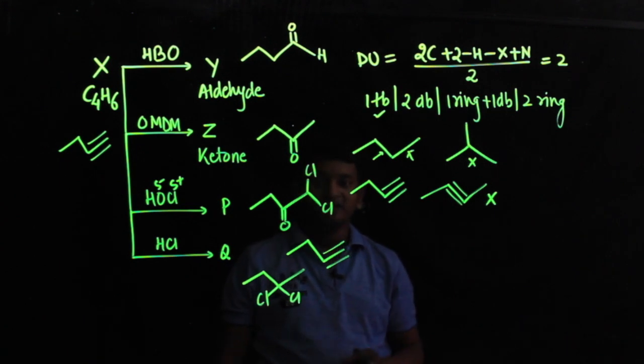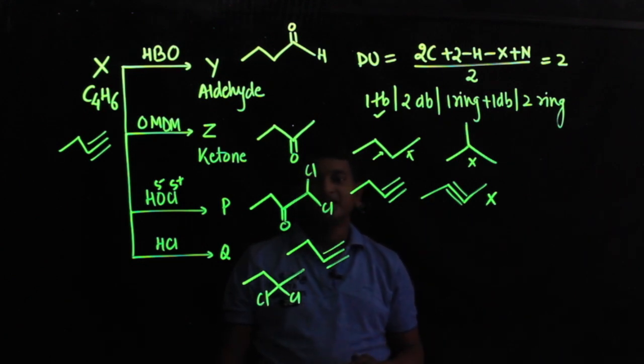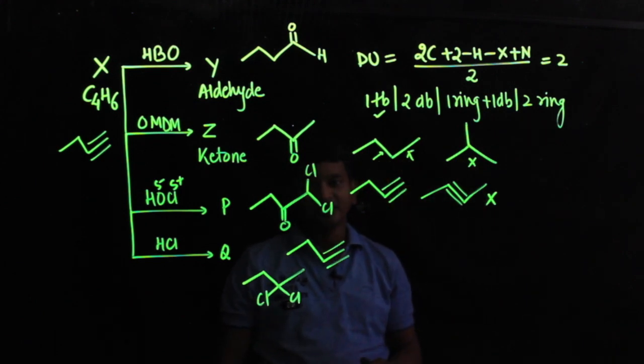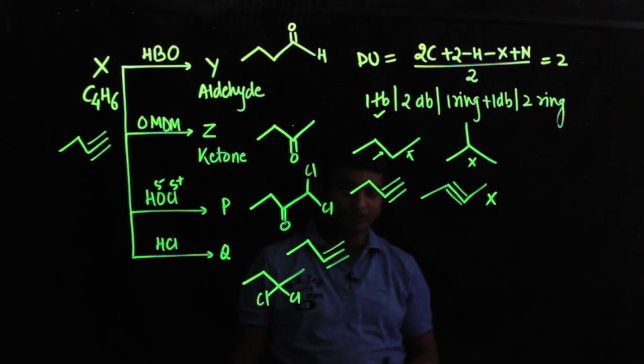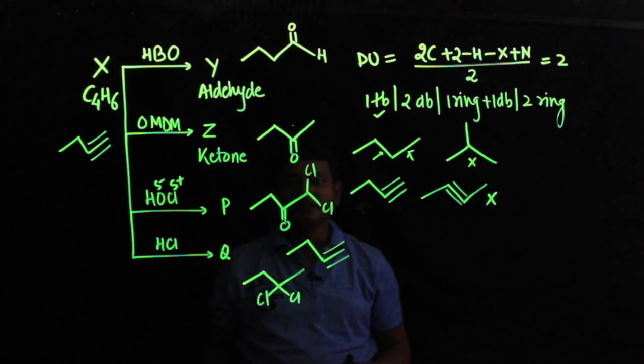After finding out in which direction we have to go, the second thing is to make the skeleton of carbon. After making the skeleton of carbon, take the help of chemically different hydrogens or positions to make the triple bond or whatever the question needs.